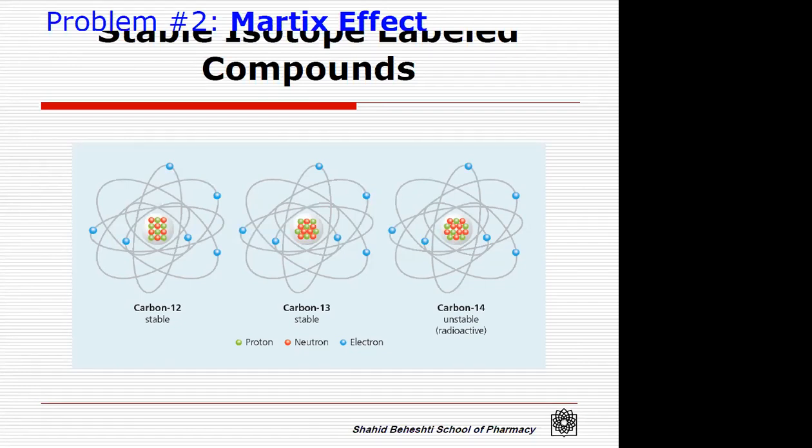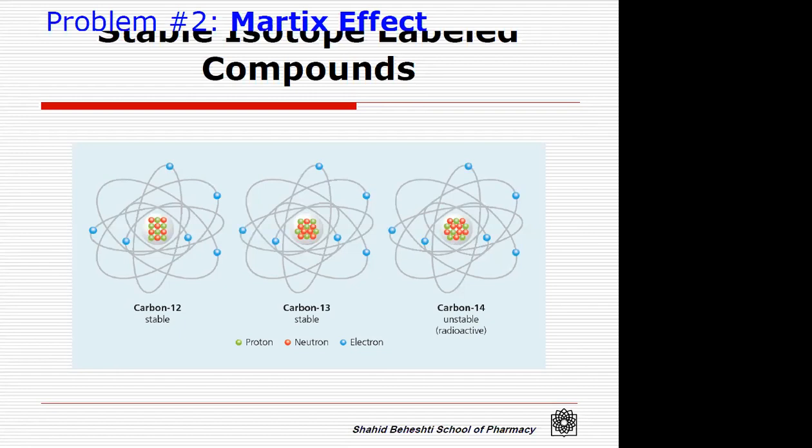If you look into nature, if you analyze the carbons that we have in nature, 99% of the carbons are C12, and 1% of the carbons in nature are C13. C13 and C12 are both carbon, and they are not different.